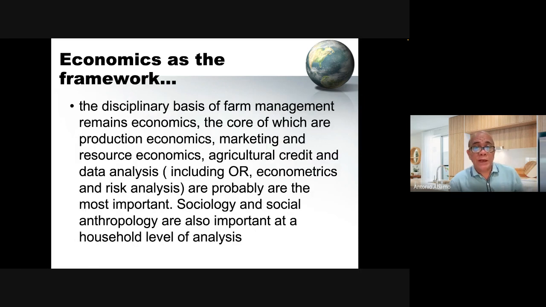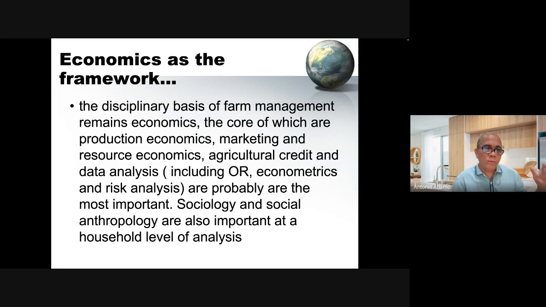So the disciplinary basis of farm management remains economics. Hence, agricultural production management is actually not a total realm of business. It is also a realm of economics.